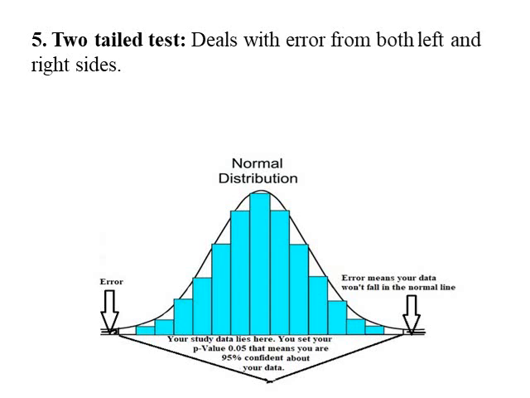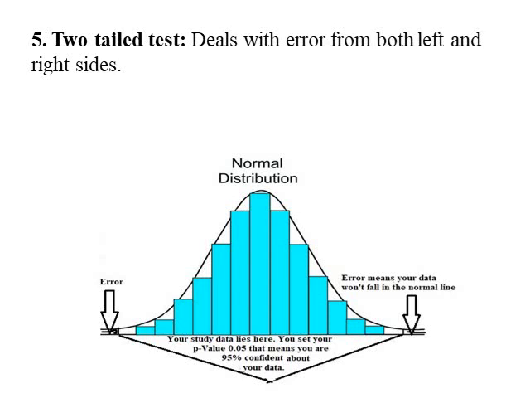So when you go for SPSS test, if you think that your data is normally distributed, or if you develop the normal distribution curve, that time you always go for two-tailed test, not for one-tailed test.